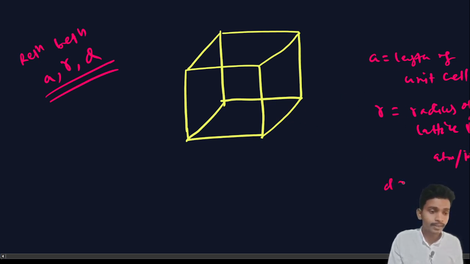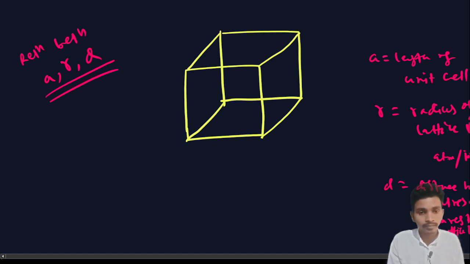And D is the distance between the centers of the nearest lattice points.